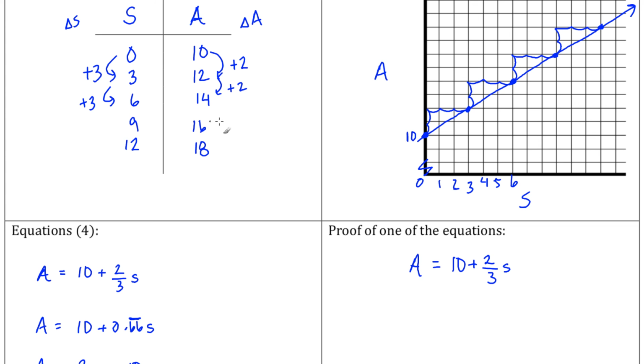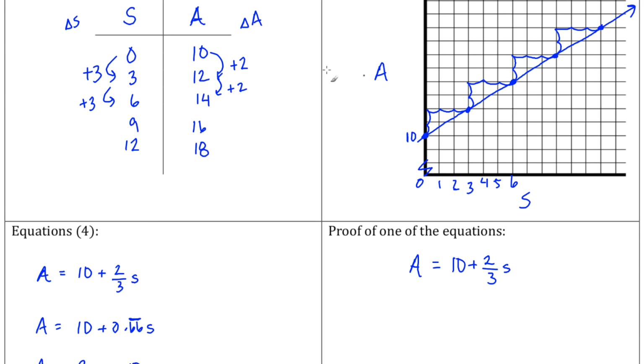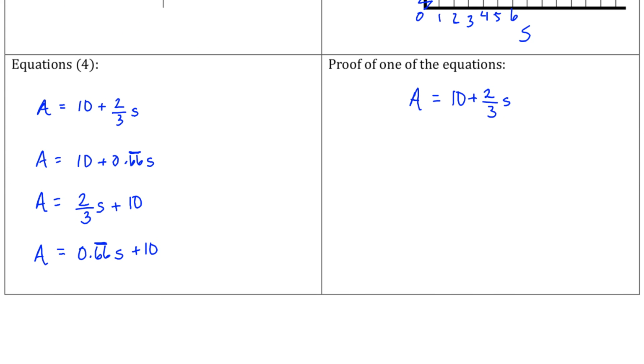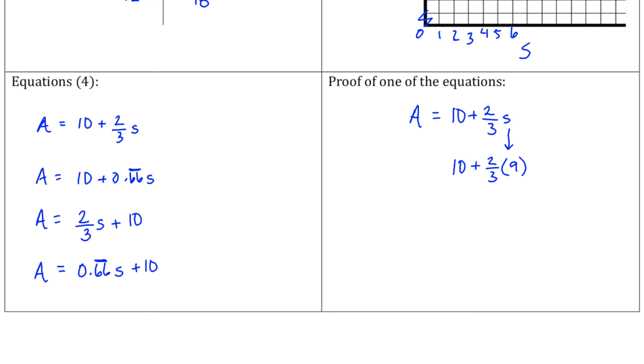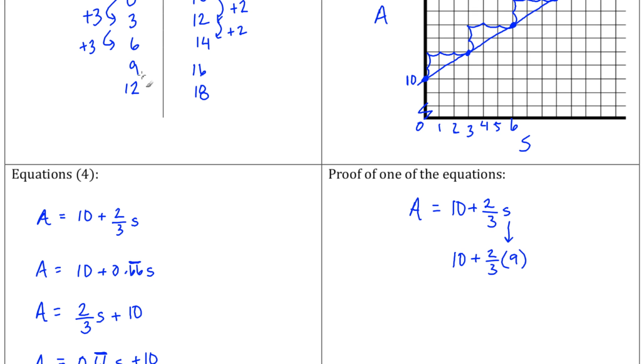I'm going to choose 9, 16. So 9 seconds will give me 16 feet for the altitude. So I'm going to write the 9 seconds first. I'm going to write that right here: 9, 16.